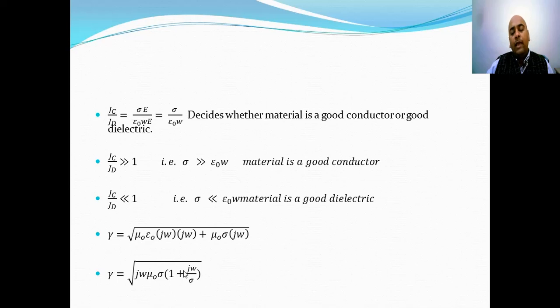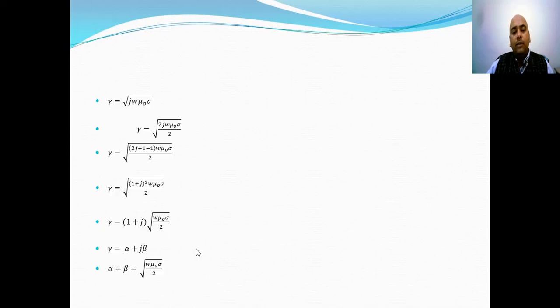So for a good conductor, this term will tend nearly to 0, and the propagation constant can be rewritten as j omega mu naught sigma. Now this is the value of the propagation constant for a good conductor.